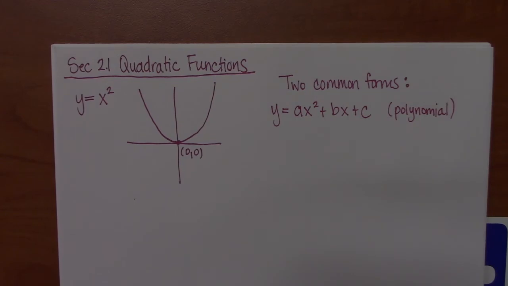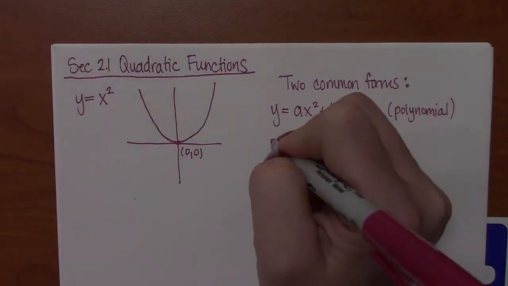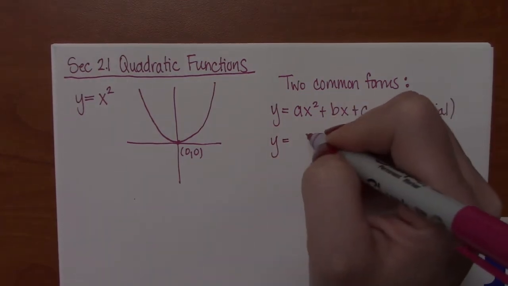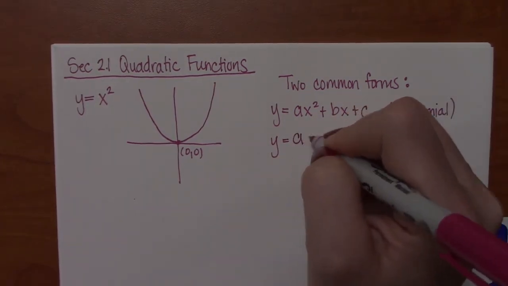So this would be expressed as a polynomial, right, where a, b, and c represent real numbers. Those are going to be the coefficients of those three terms. Or by rearranging this, we can use another form of the quadratic.